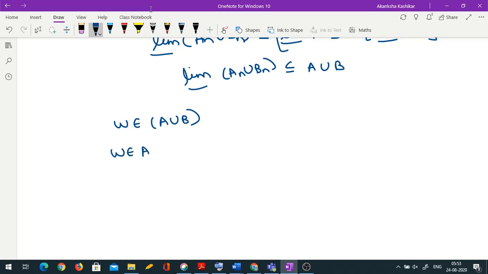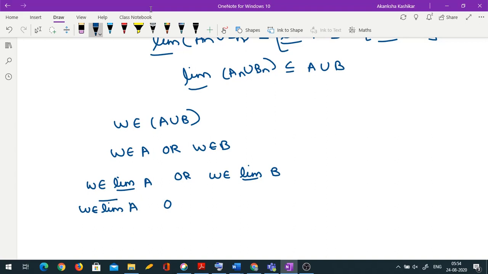It means omega is in A or omega is in B. If omega is in A, then it means omega is in liminf of A, and similarly omega is in liminf of B, so I can say omega is in lim sup of A or omega is in lim sup of B. Okay. What does it mean?